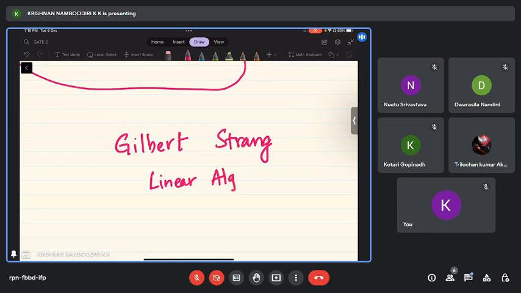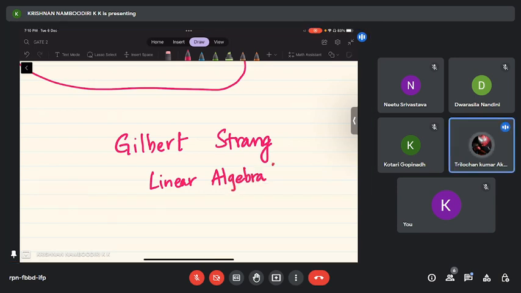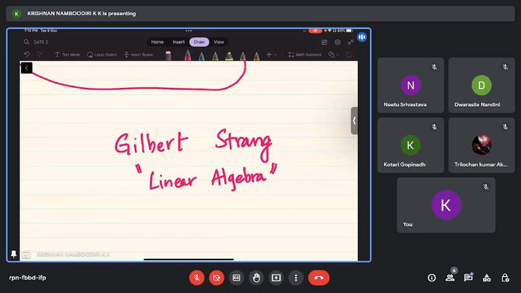Linear Algebra is the name of the textbook. The author's name is Gilbert Strang. He's a professor at MIT. So this is a very basic level linear algebra textbook. You will see a lot of details and a lot of examples. Everything you can see in this textbook.